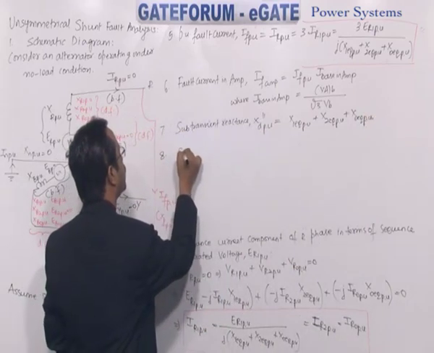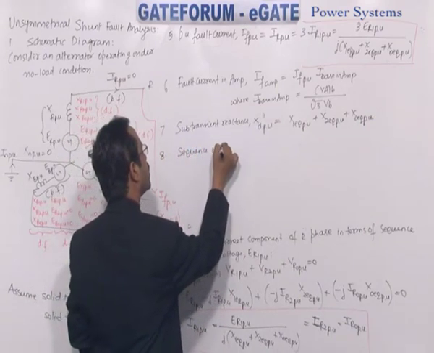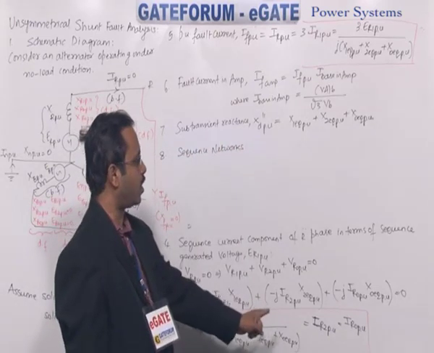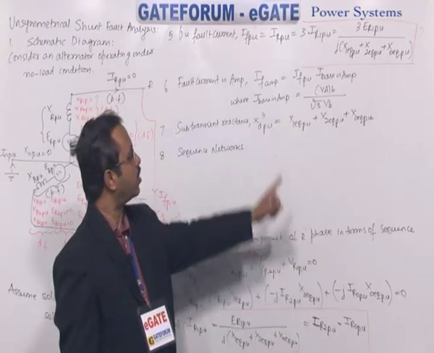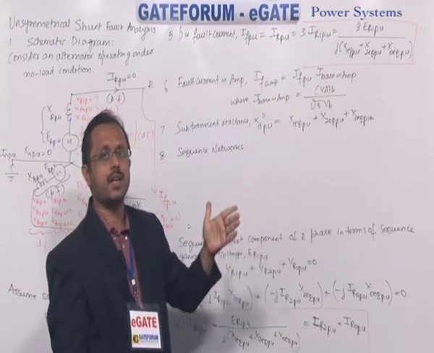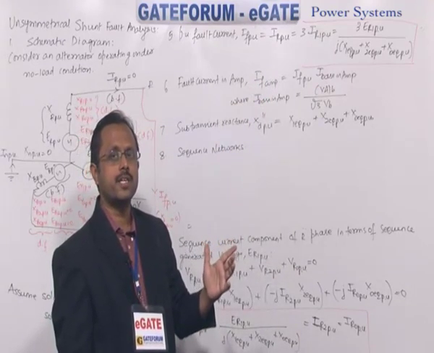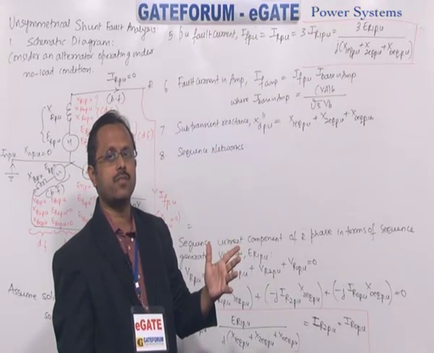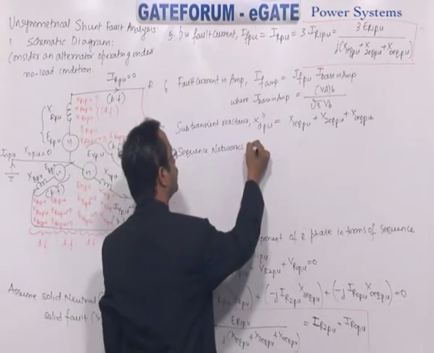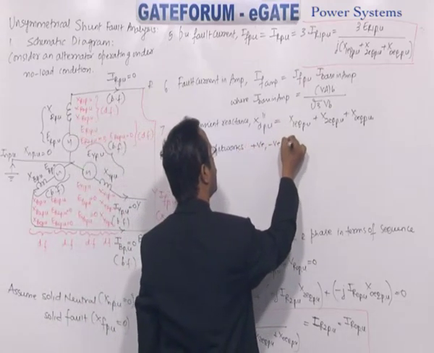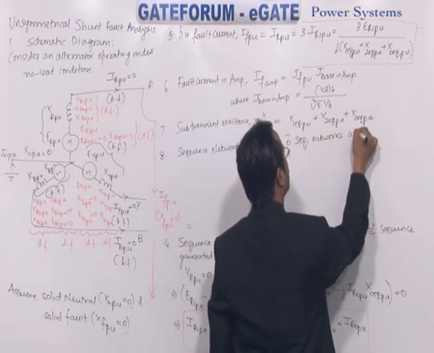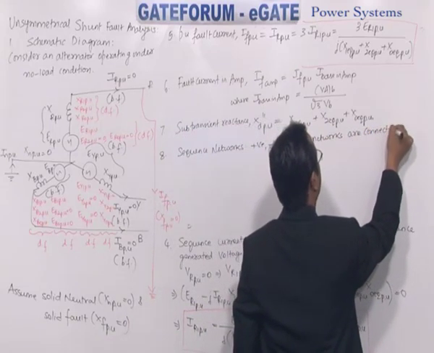Now we have to draw the sequence networks. So how do you draw the sequence networks now? IR1, IR2, IR0 are equal and total reactance is the sum. So the sequence networks are connected in series. So positive sequence network, negative sequence network and zero sequence network are connected in series.